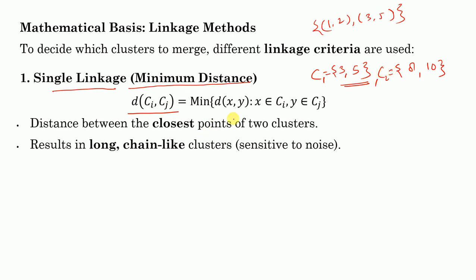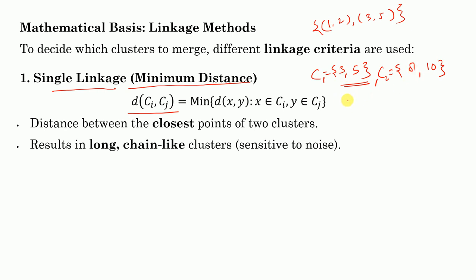The distance between two clusters C1 and C2: first we have to calculate d(x, y), where x belongs to Ci, y belongs to Cj. It means first we have to calculate the distance between every pair of points, where the first point is from C1 and the second point is from C2.